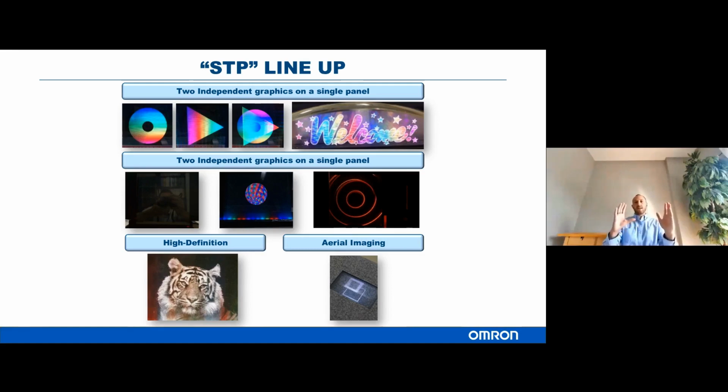Depending on whether you activate the right side, the left side, the top side or the bottom side will determine which graphic will show. If you activate the top LEDs, it will show one image. If you deactivate those and activate the bottom ones, it will show a different image. So you can have 4 images on one panel.